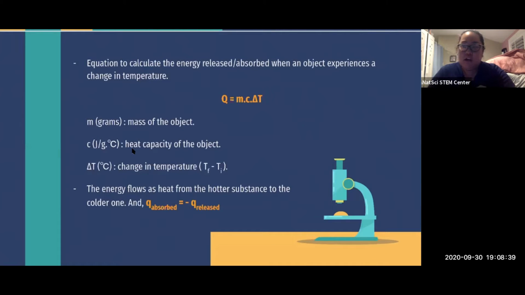The energy you're calculating with this equation can also be referred to as Q absorbed and heat released. The negative just means that released energy is exothermic, absorbed is endothermic.